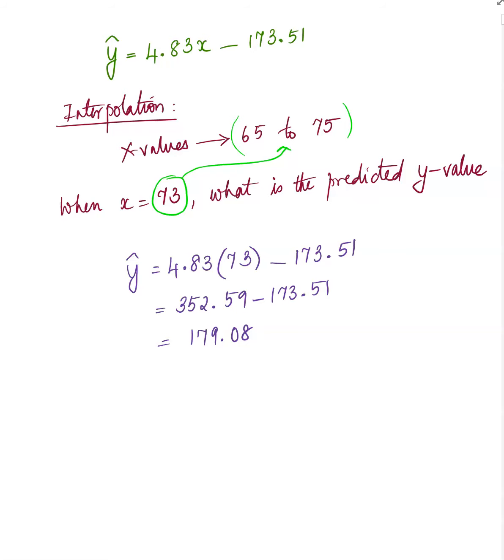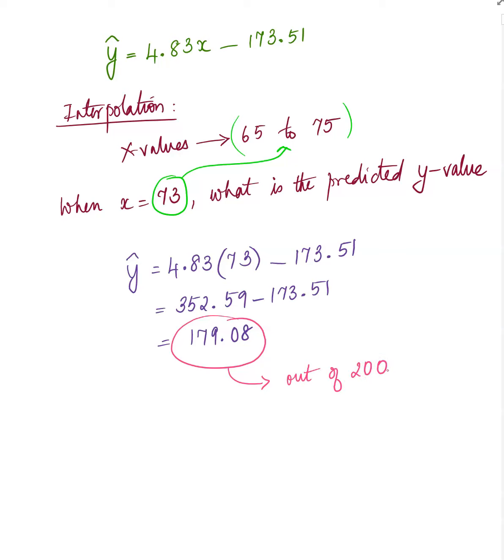And look at the answer. Is this reasonable? Yes, it's reasonable, first of all, because our x choice was from within the x values, and our y response is out of 200, right? So it is both reasonable and reliable.